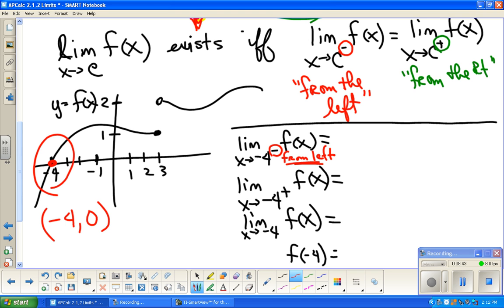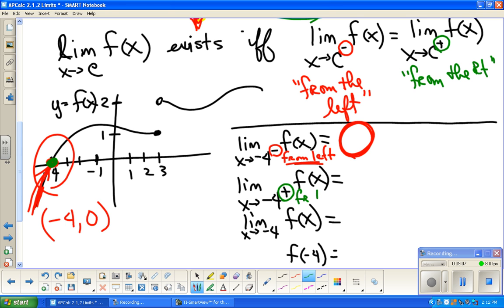So here's -4. Here's the left of it. As I go from the left, not to the left, from the left, approaching that point, what y value is it getting closer to? That's a 0.